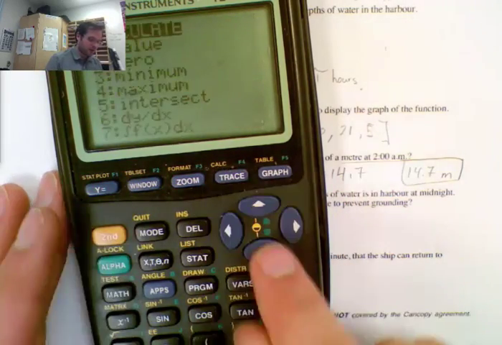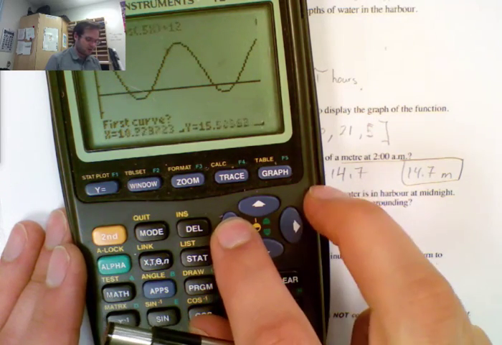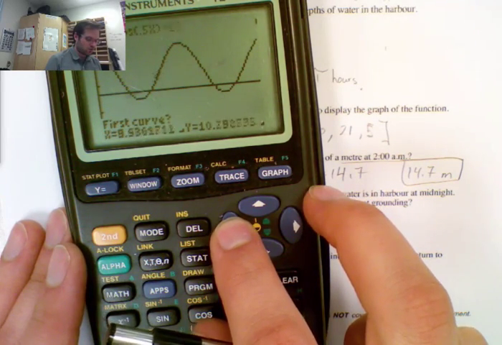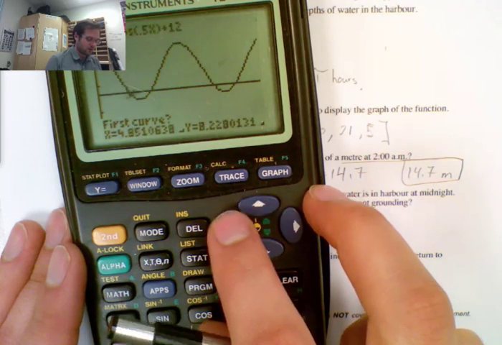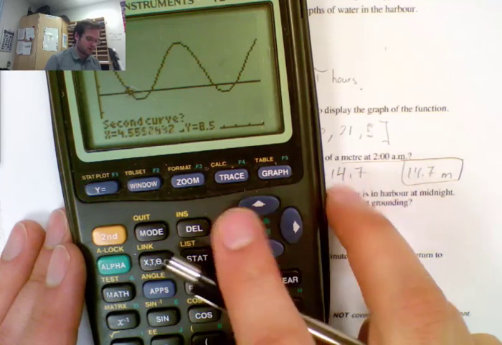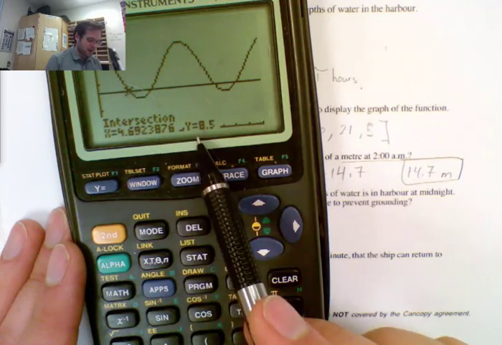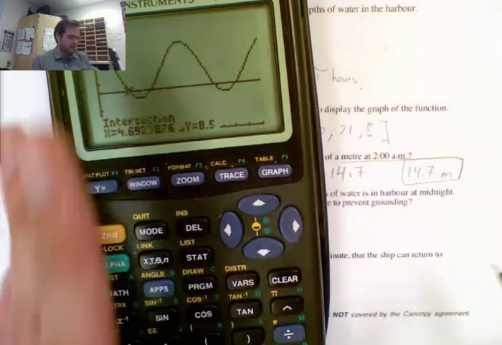So I'm going to go second calculate, and I want to find my intersection. First curve, go over. First curve is around right there. Second curve, yeah, around there. Guess, around there. And I end up getting 4.69.